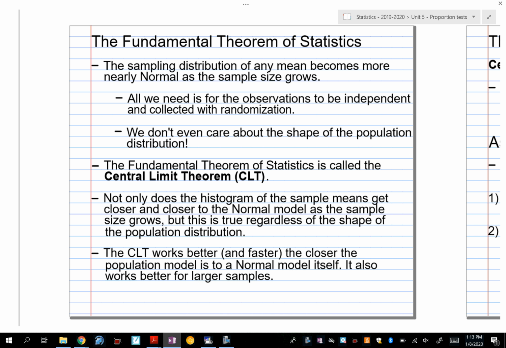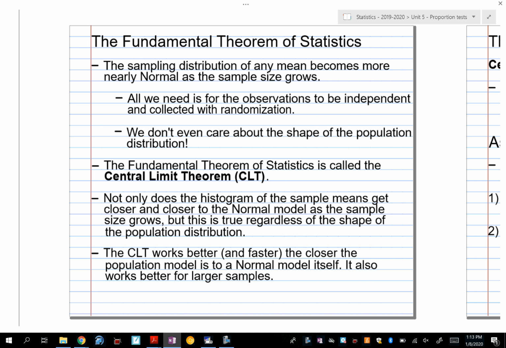All right, and I briefly touched on this with proportions yesterday, but you're going to see today that we're going to make sampling distribution models based on population distributions for means that may or may not be unimodal and symmetric. And the amazing thing about statistics is that it doesn't actually matter.